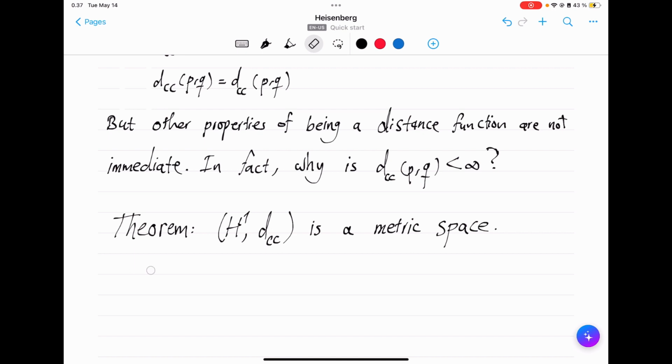Interesting because, for instance, the Hausdorff dimension of H1 with this metric is 4, although it's R3 as a topological space, which means its topological dimension is 3.